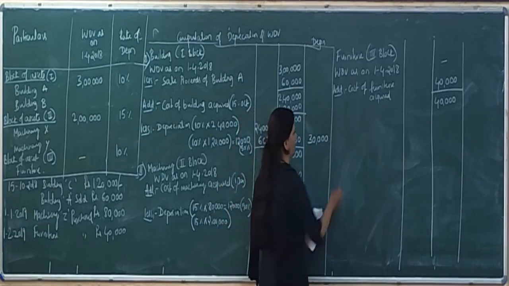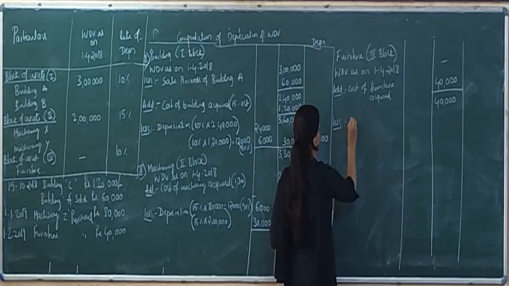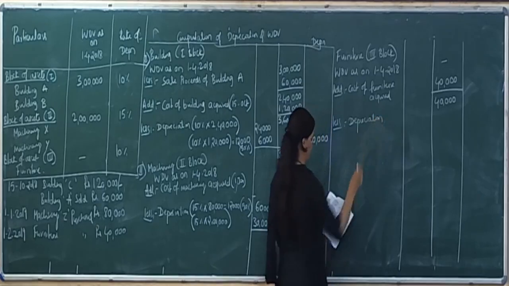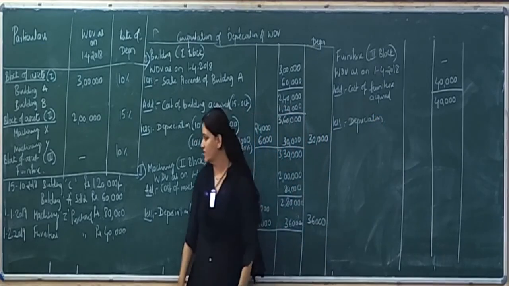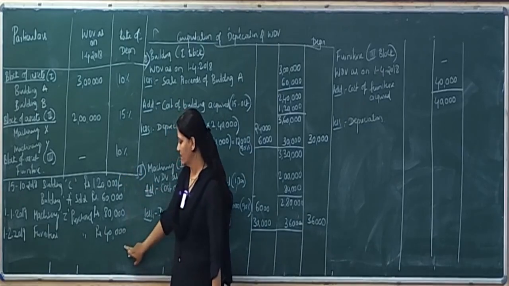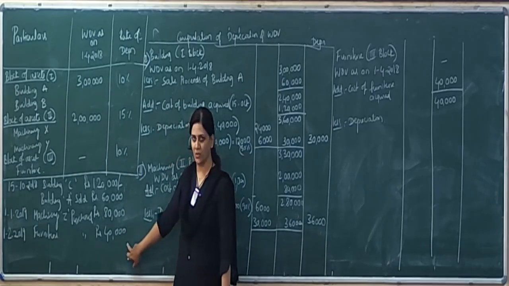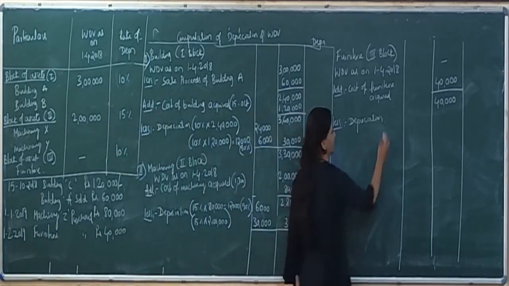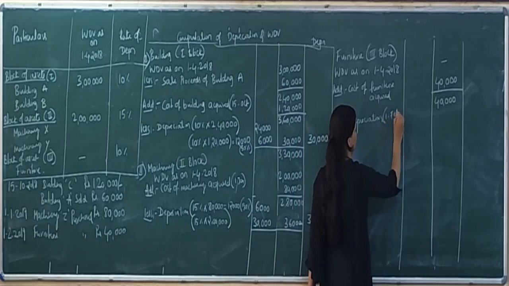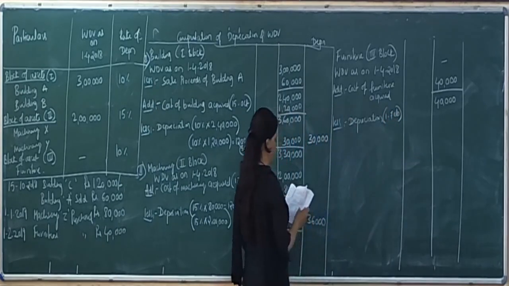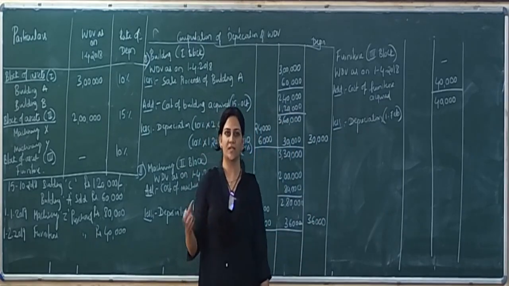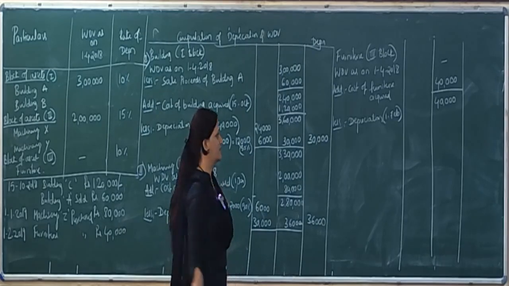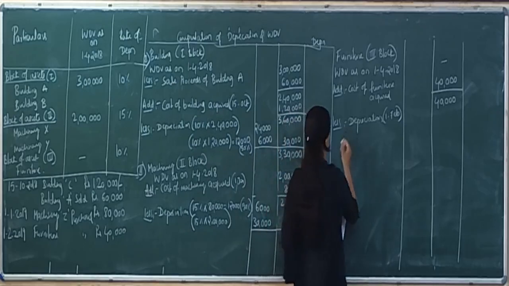Right, so now here we need to provide the depreciation. So depreciation, how much is it given? 10%. Of the amount of furniture, that is 40,000, and it was put to use on 1st February 2019. Again from 1st February to 31st March, it is used for less than 180 days. Again we are going to provide 50% of depreciation on this.